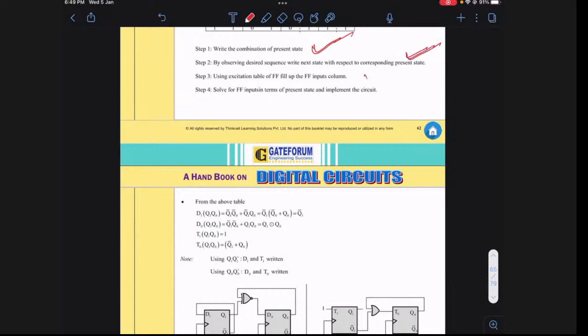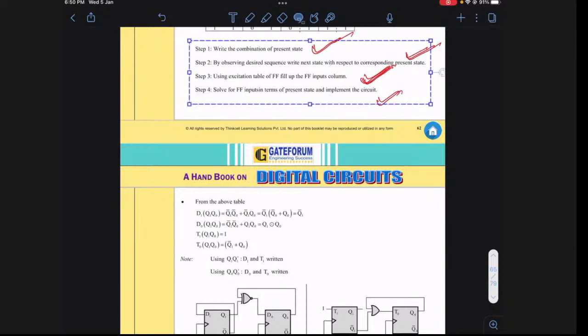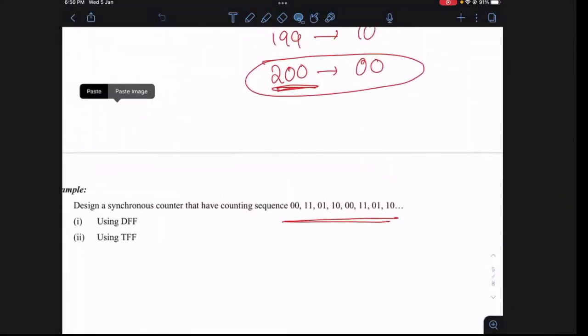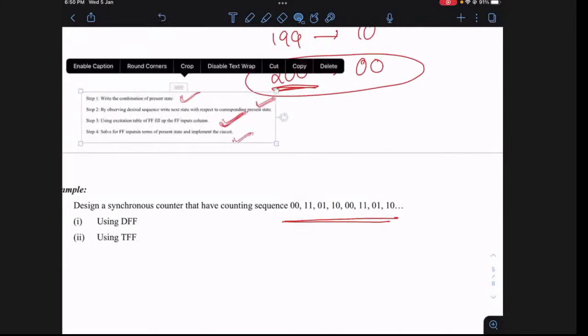Step 3: use the excitation table of the flip-flop and fill up the flip-flop input column. Step 4: solve for the flip-flop inputs in terms of the present state and implement the circuit. So these are the 4 steps. I'm copying them, because while explaining I may use these steps. Let me paste them here.